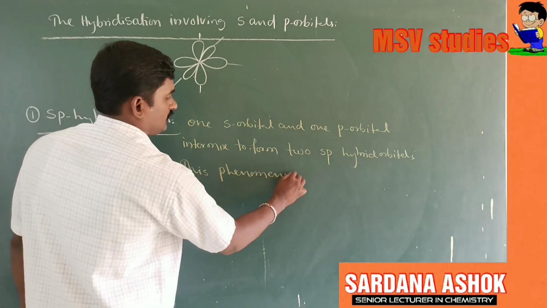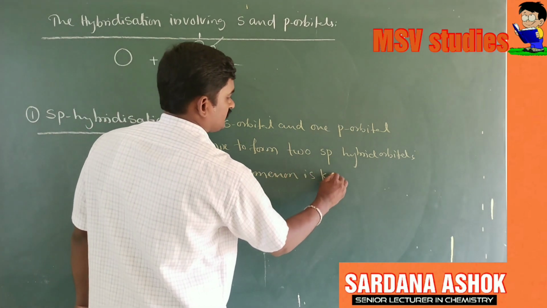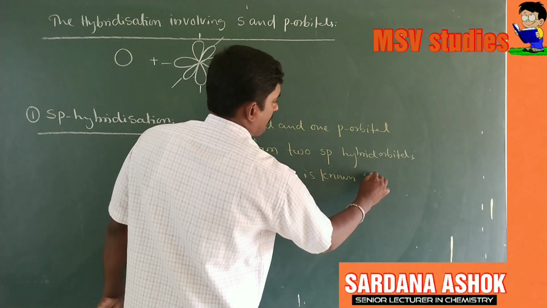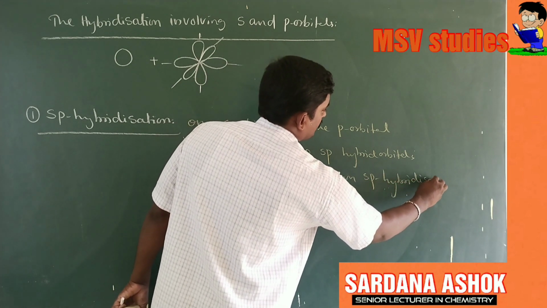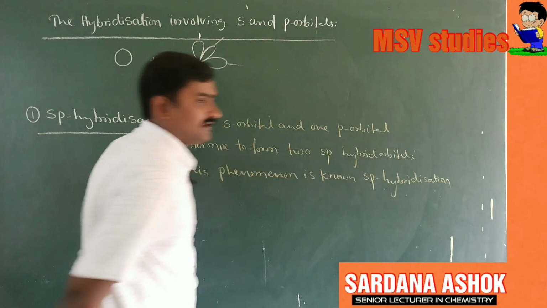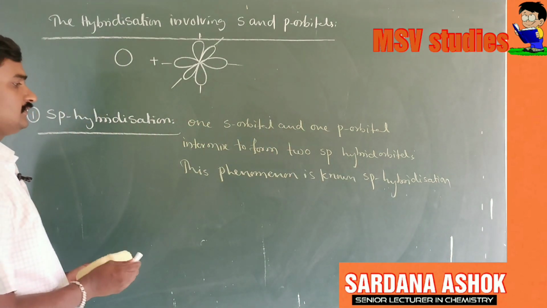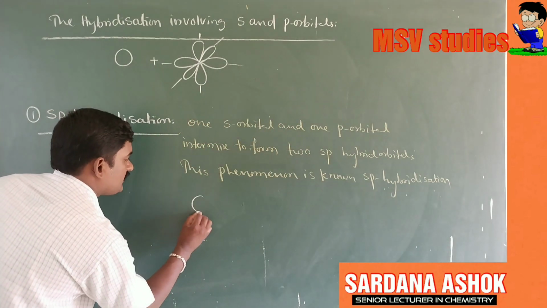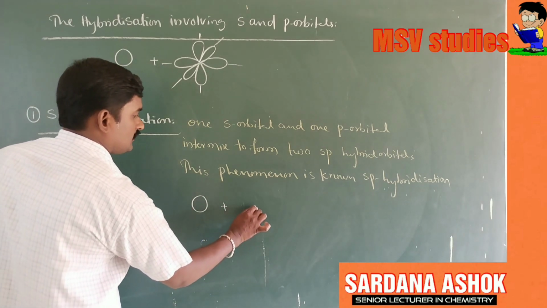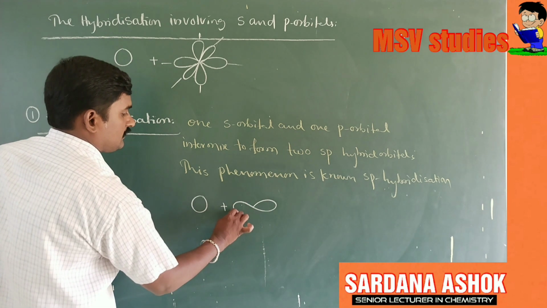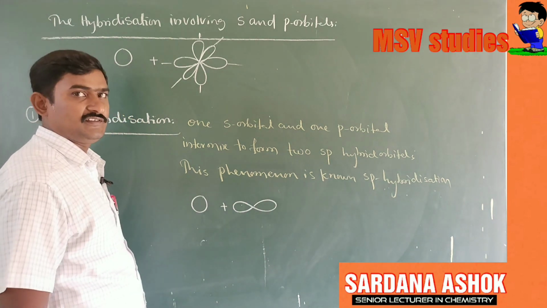This phenomenon is known as sp hybridization. One s orbital is spherical in shape, and one p orbital is px, py, or pz.